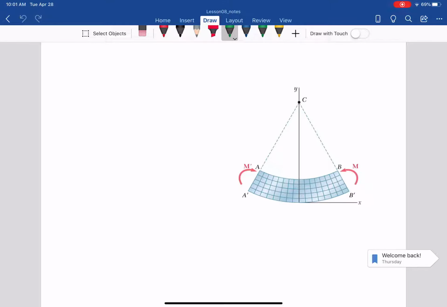With that demonstration, we learn pure bending today. Pure bending. Let me redraw what we saw in that demonstration.